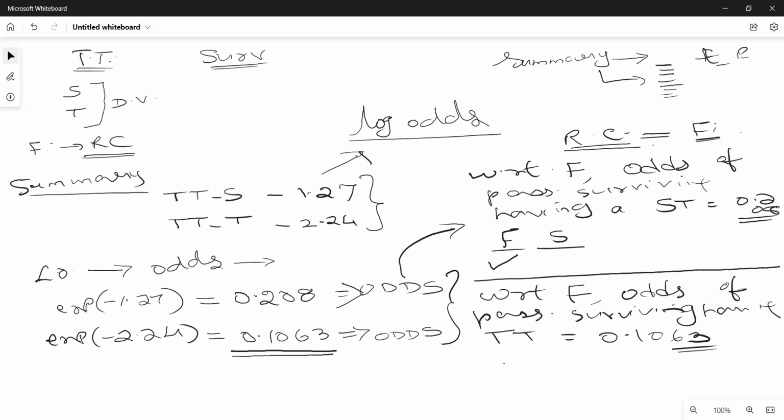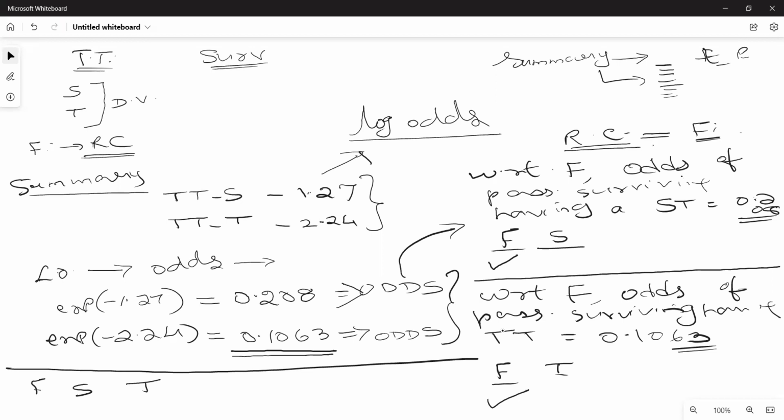So between a first class passenger and a third class passenger, who is more likely to survive? It is again going to be the first class passenger. If you look at the Titanic data set, you will find that if you are given a data set of first class, second class, and third class tickets, the maximum survivors will be in the first class, followed by the second class, and then the third class.